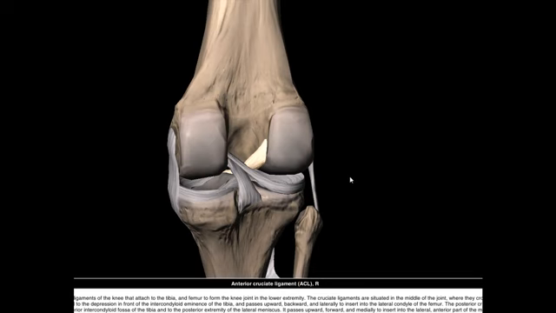So you'll hear sometimes about surgical repairs of the ACL, and they will take a patellar tendon graft, for example, and replace the ACL.